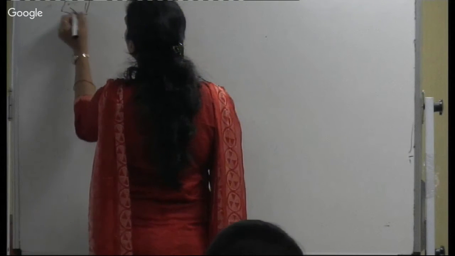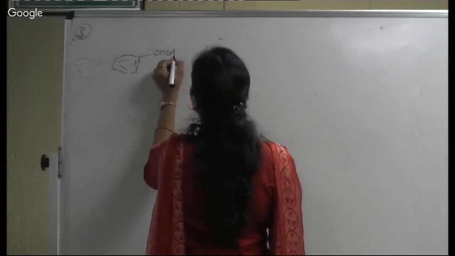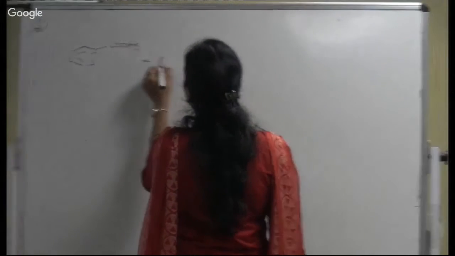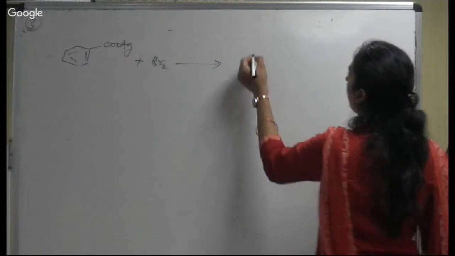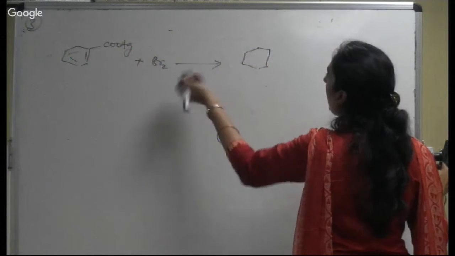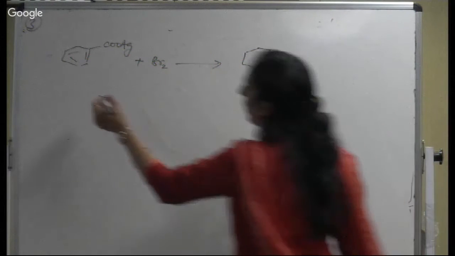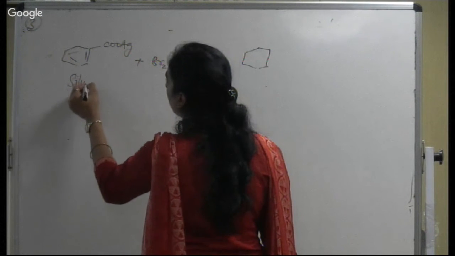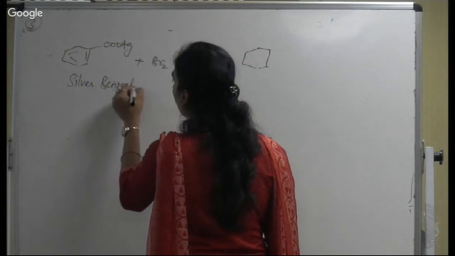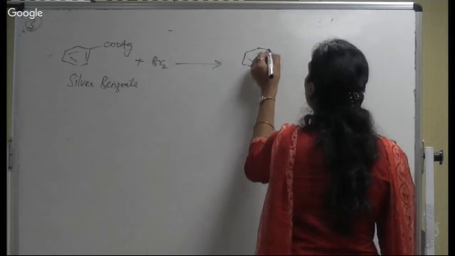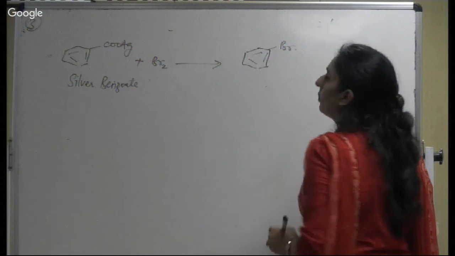Another way of preparation of this is from the silver salt. I've seen this question a number of times. It has come. What will happen when we treat silver benzoate with bromine? You will get bromobenzene.